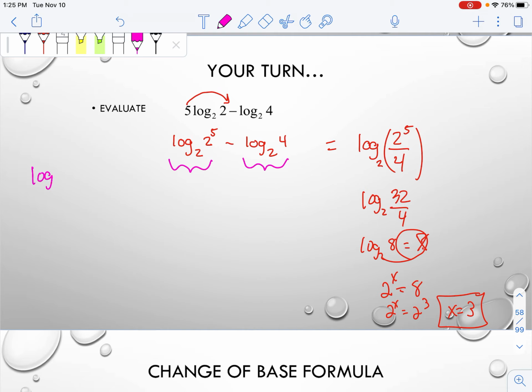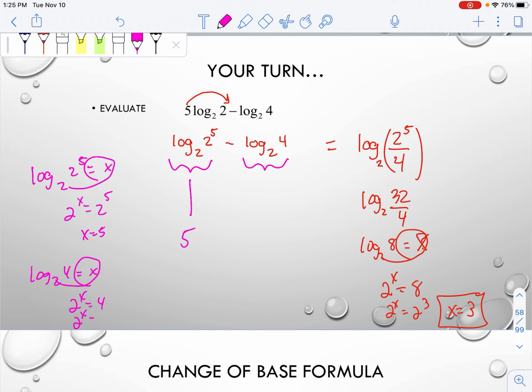We have log base 2 of 2 to the 5th equals what? 2 to the what equals 2 to the 5th? Therefore x equals 5, so that turns to a 5. Then log base 2 of 4 equals what? 2 to the what equals 4? It's 2 squared, so x equals 2, and that turns to 2. 5 minus 2 is 3.